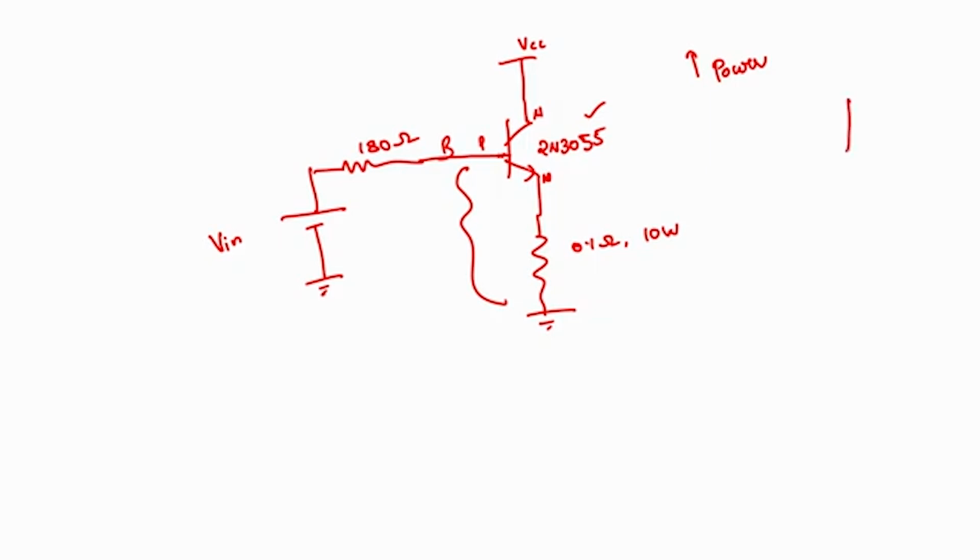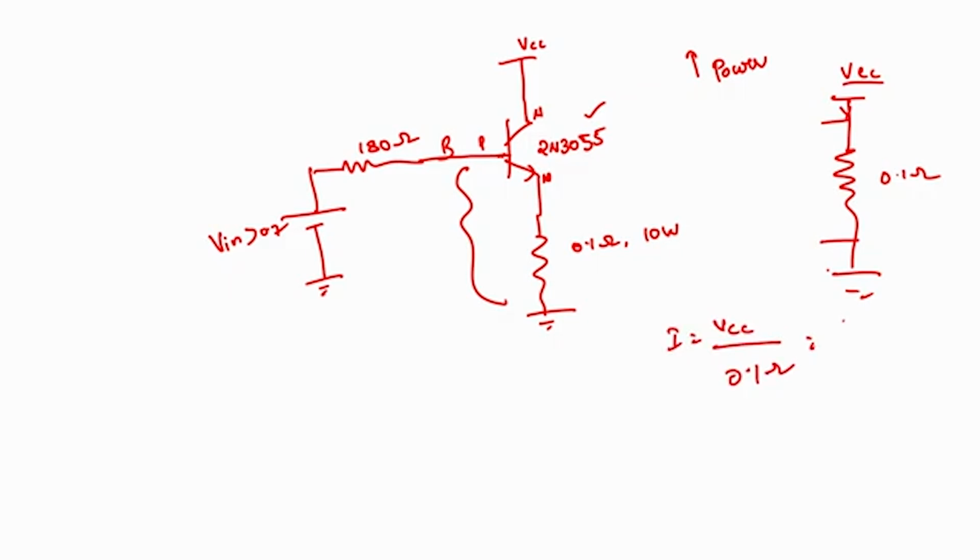So, I can rewrite the circuit in this fashion, since I am applying a voltage greater than 0.7. This will be VCC, this is 0.1 ohm. The voltage drop across this resistor is nothing but VCC, and the current flow is I equal to V by R, VCC divided by 0.1 ohm.